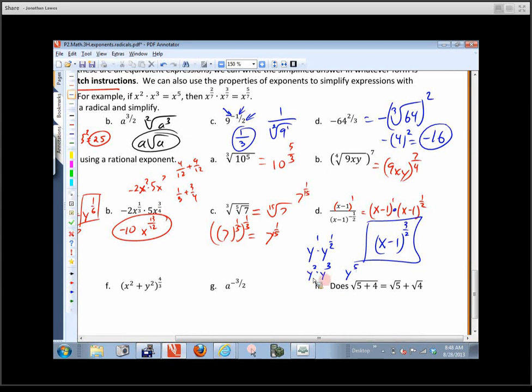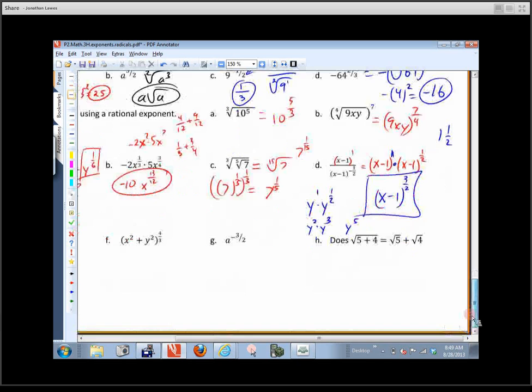We wouldn't do y times y and then raise it to the 5th. Does that answer your question? Yeah. Okay, where'd you get the 3 and 3 halves again? So what is 1 plus 1/2? 1.5. But we wouldn't write it as a mixed number. We're going to change that to an improper fraction. So 1 times 2 plus 1, so 3/2. Good? Okay.